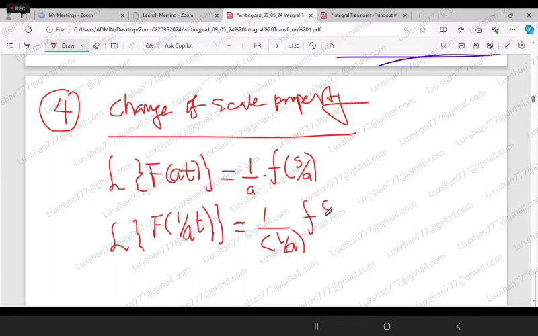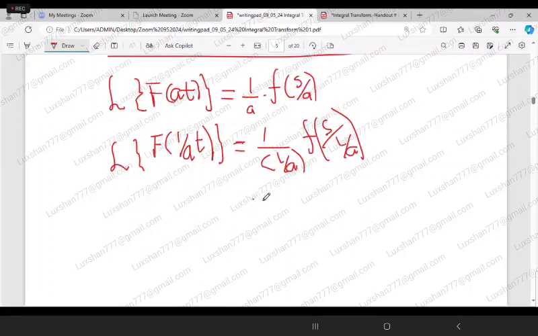f of s over, isn't it? So this is equal to a into f of, so this is 1 over a, so it goes up and we get a's.